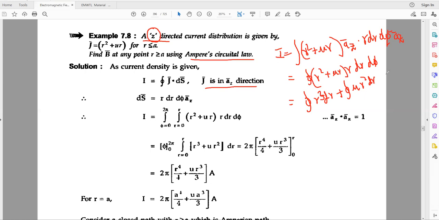The integral of d phi is 2 pi. Therefore I is equal to r to the power 4 by 4 plus mu r cubed by 3, and you can apply the limits 0 to r and 0 to 2 pi. That equals 2 pi into, first of all, you can substitute the r value.